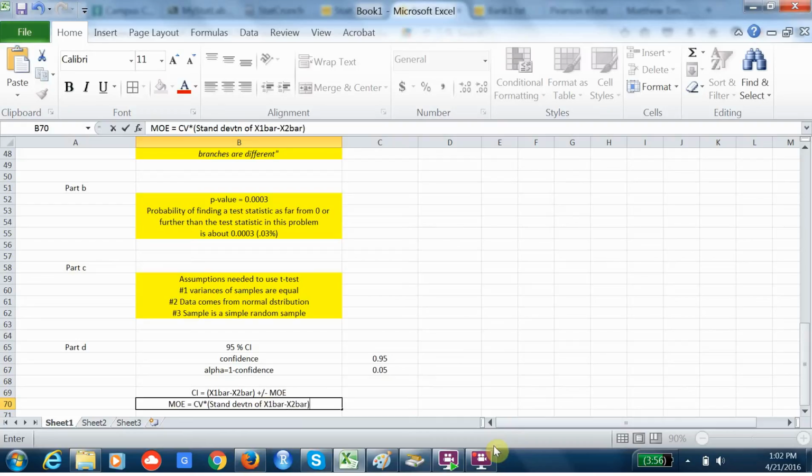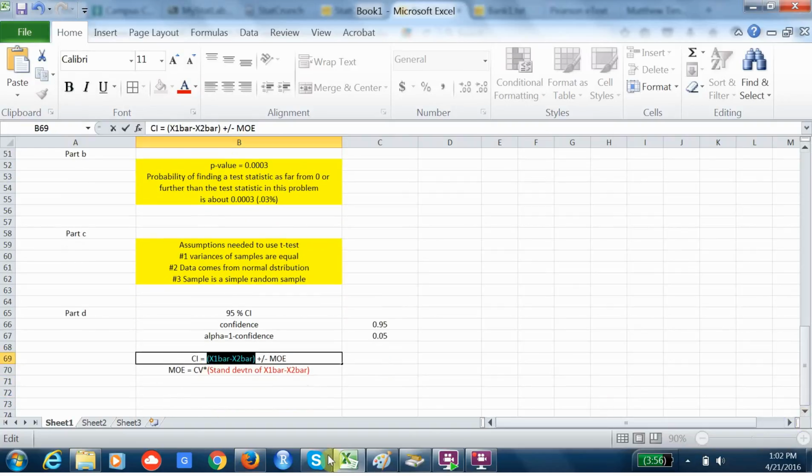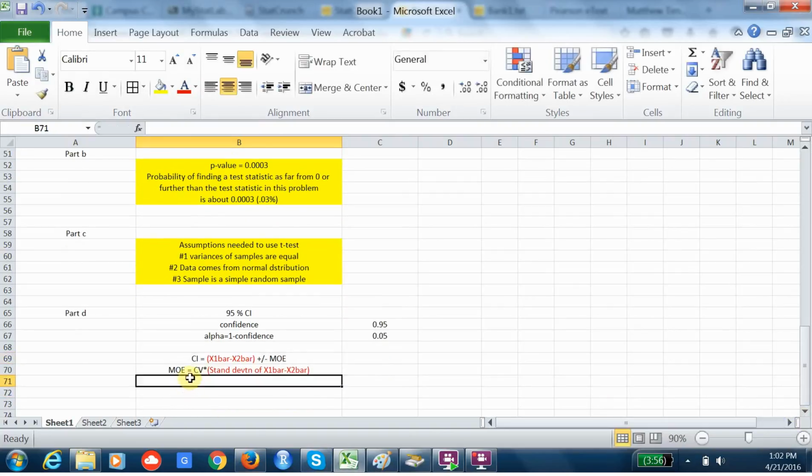Okay. Notice we've already found all of these things except the critical value. I computed the standard deviation of x1 bar minus x2 bar up when we did the hypothesis test, so that part's known. And we know x1 bar minus x2 bar, that came from our sample. So all we need is the critical value. So the critical value is equal to the t-score for a t-distribution.